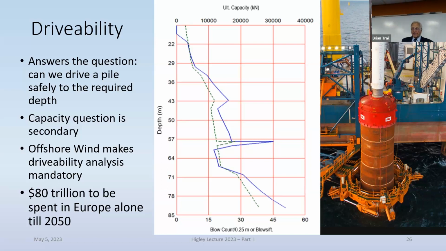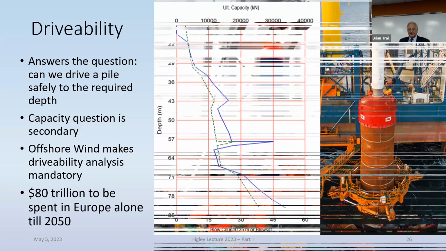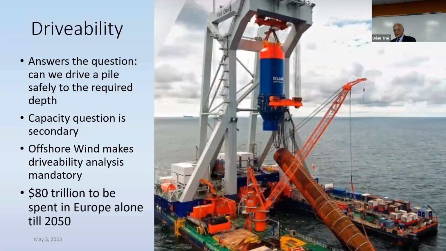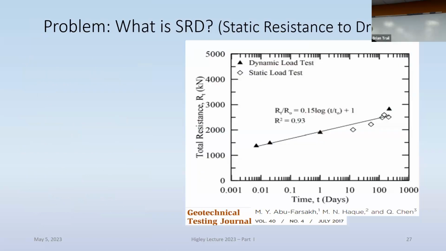So you want to be quick and you don't want to have early refusal or anything happening to that pile during driving. And drivability is the thing to do. And there are some impressive pictures here of a water hammer that the wave equation analysis I wrote for them predicted wouldn't work. And indeed, it is discontinued now.